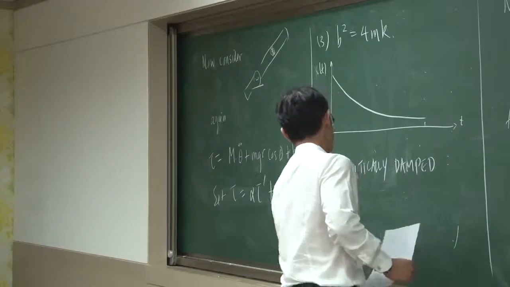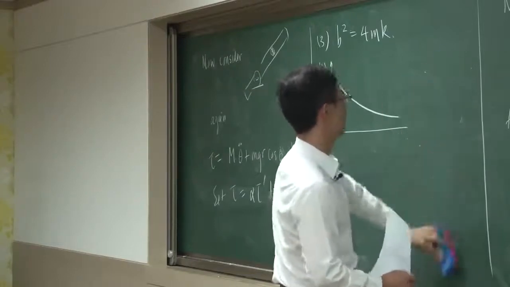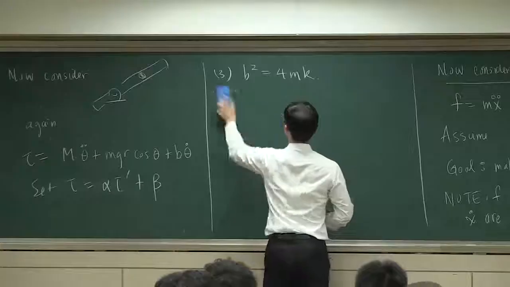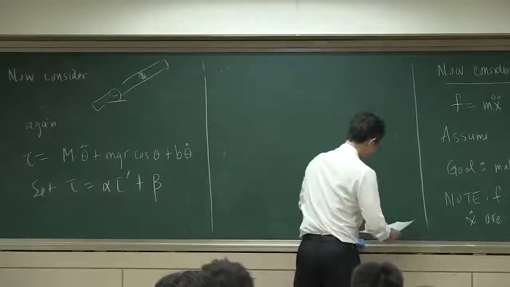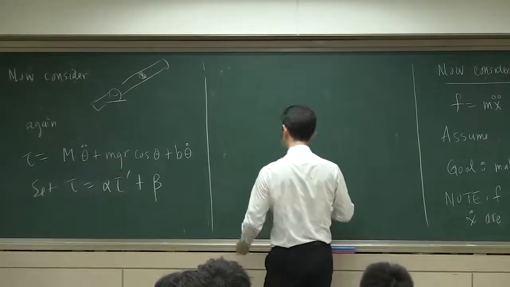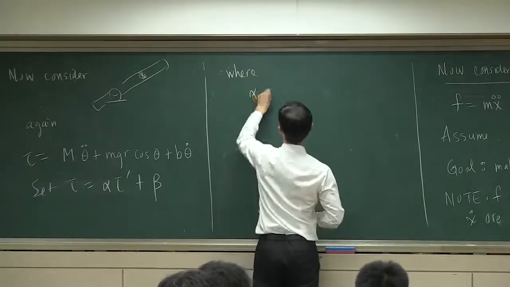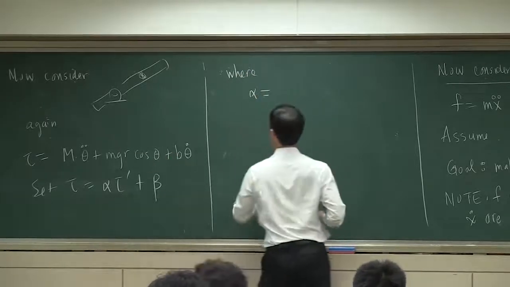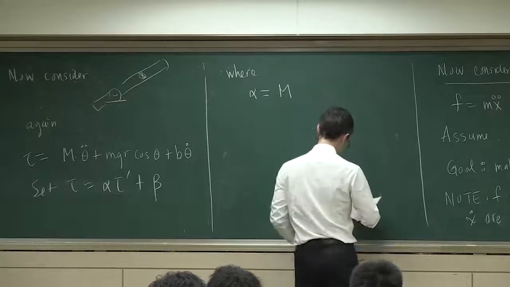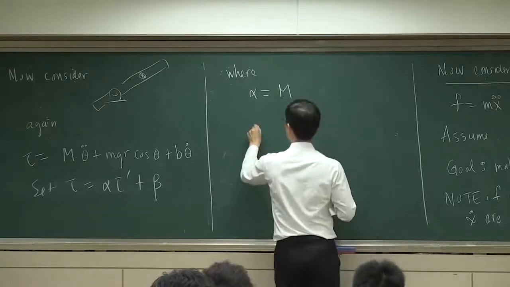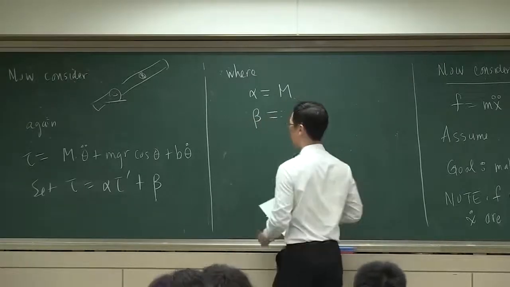Now we have to choose alpha and beta. For this particular problem, we set alpha equal to large M, and we set beta equal to the rest.